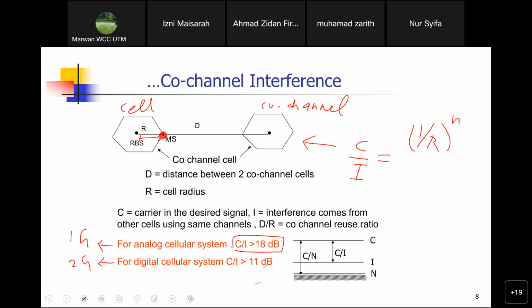Why is it n? Because n is the path loss exponent. If you assume free space, n equals 2. Your carrier power is inversely proportional to R. So what is your interference power? It is 1 divided by D minus R.